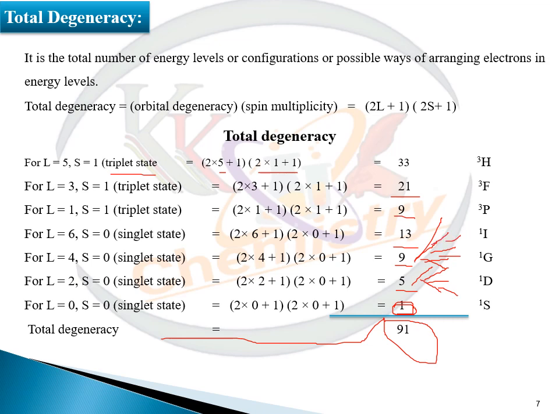Okay, here it is 9 ways. 13 ways are there to orient or split the I under a magnetic field. 21 ways of orienting or splitting the F term symbols under a magnetic field. Here are 33 orientations, or you can say splitting ways, for the term symbol H.